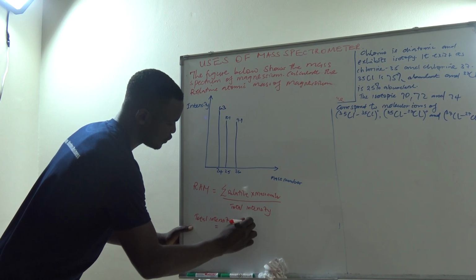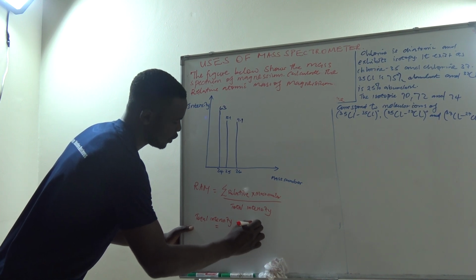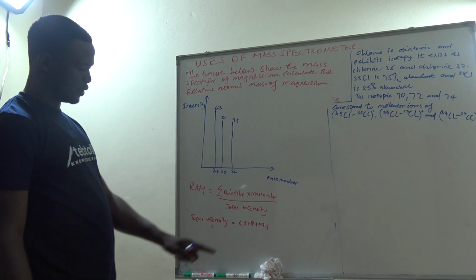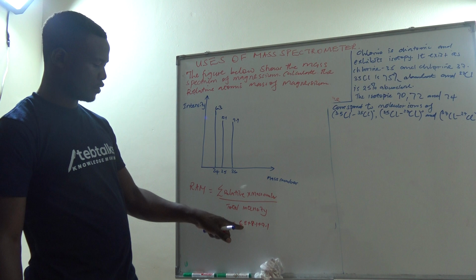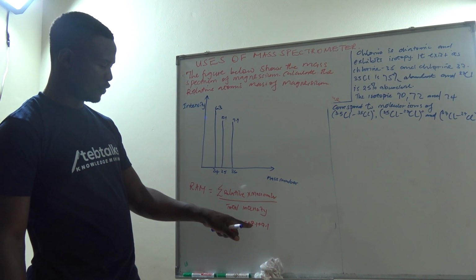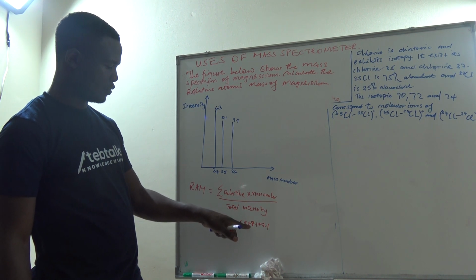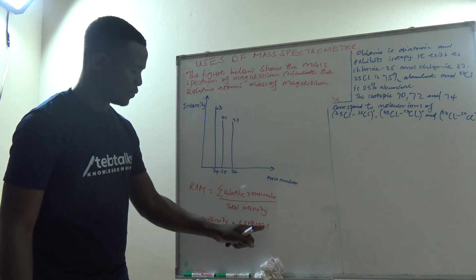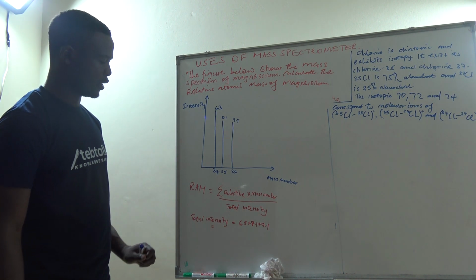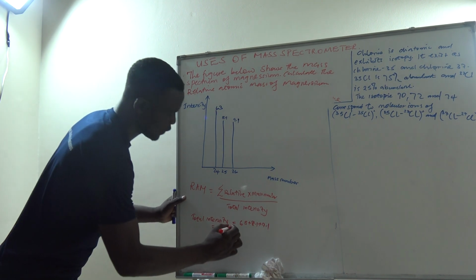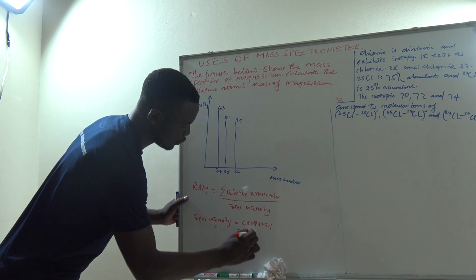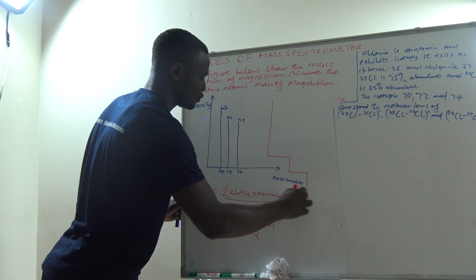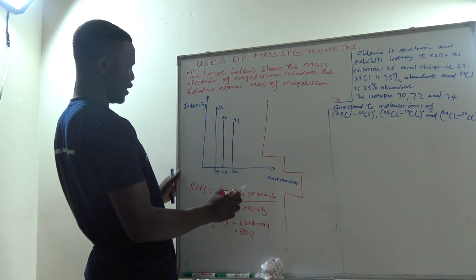Our total intensity is 63 plus 8.1 plus 9.1. So 63 plus 8.1 will be 71.1, plus this, it will give us 80.2. So this gives us 80.2. So what is the relative atomic mass here?